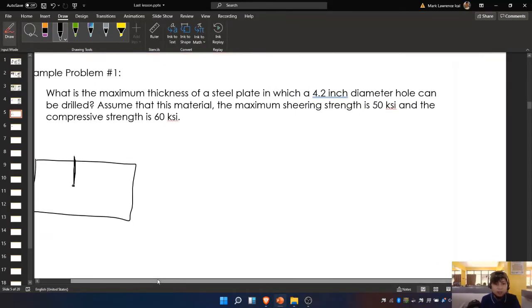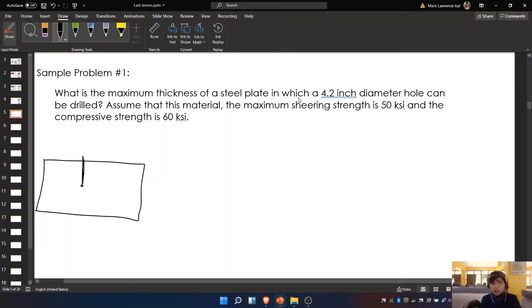Okay? So, sabi dyan, what is the maximum thickness? So, may thickness pala. Ang kapal pala yung plate. Okay. So, ito yung idea dyan eh. Kapag kasing nipis ng papel yang steel na yan, madaling mabutas.